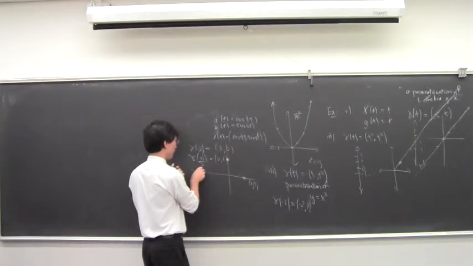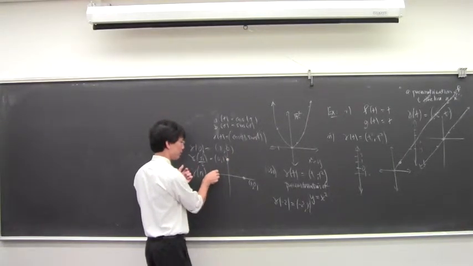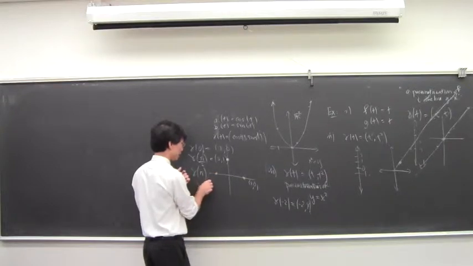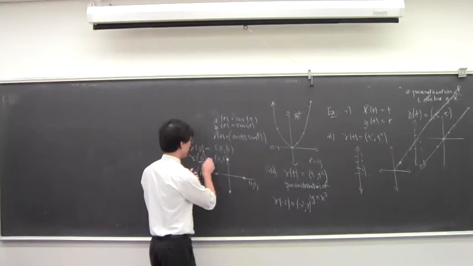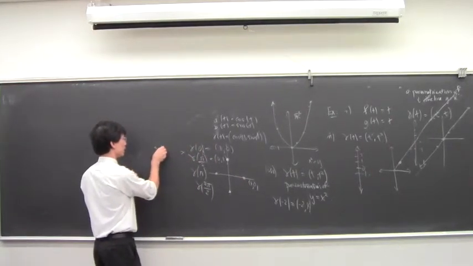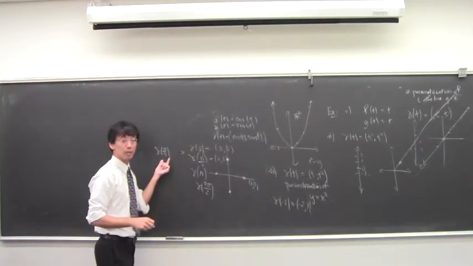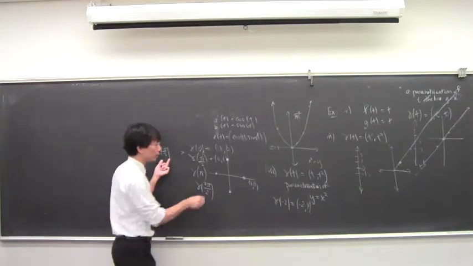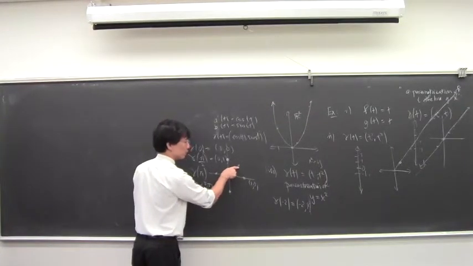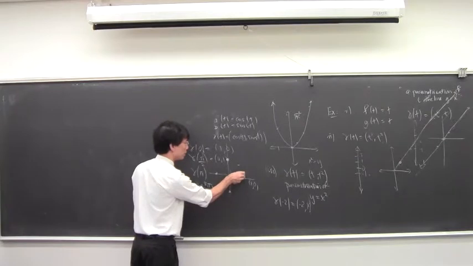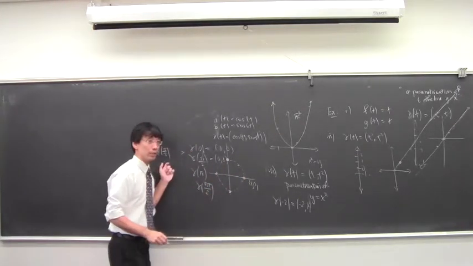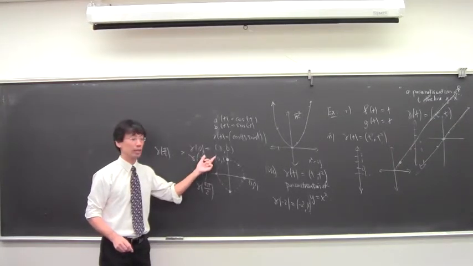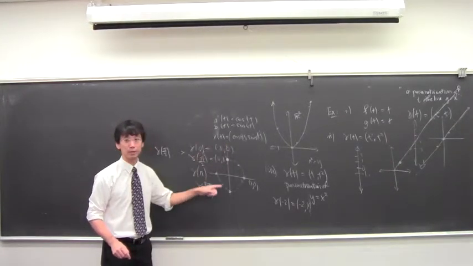At time pi, we're here. At time 3 pi over 2, we're here. And in between, cosine and sine of pi over 4 are root 2 over 2, root 2 over 2, et cetera. So if you know what the cosine and sine are, then you recognize that this is just tracing on a circle.